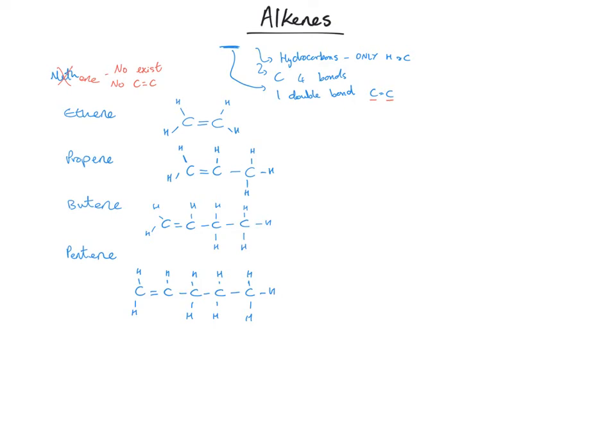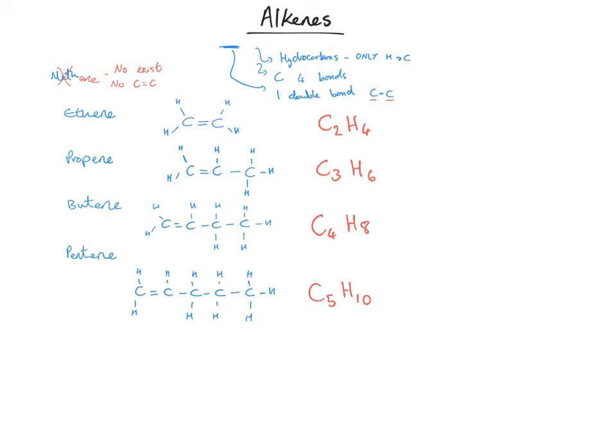So ethene has 2 carbons, so C2, and 4 hydrogens, H4. Propene, it's got 3 carbons, and hydrogens, count them up, 6. Butene, 4 carbons, count the hydrogens, H8. And pentene, count the hydrogens, will get you this.